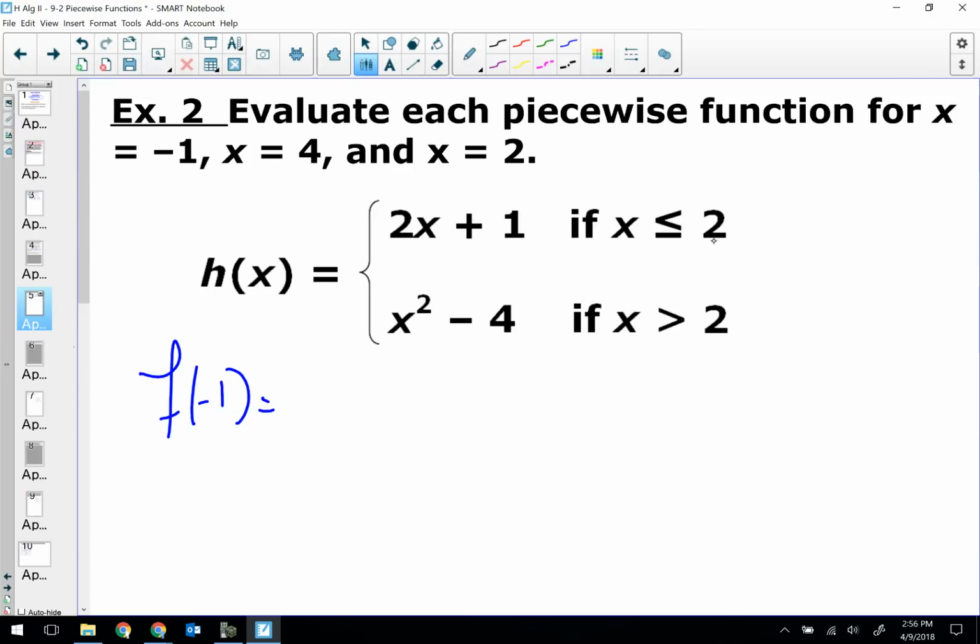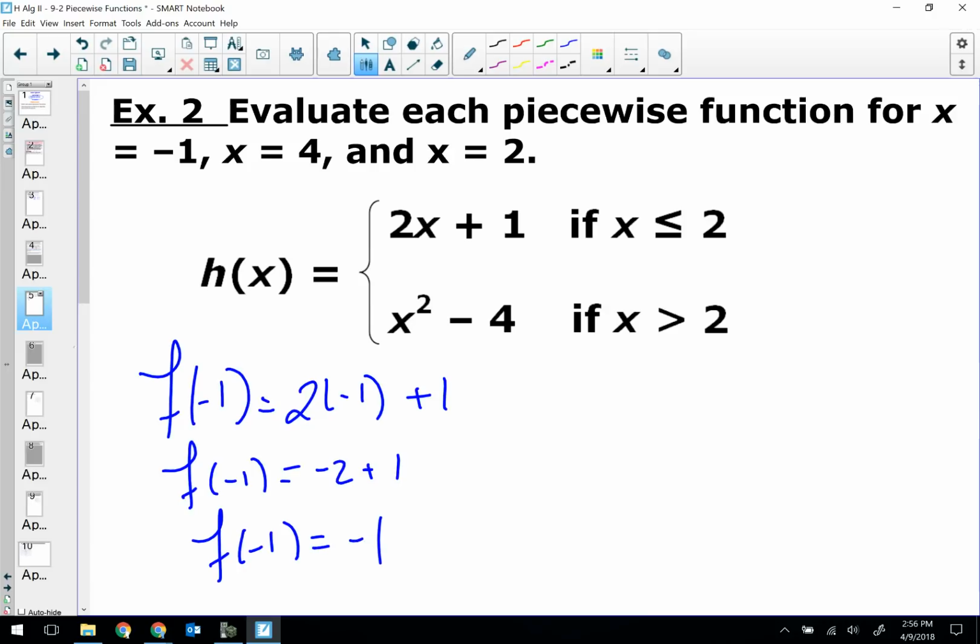Yes, that means I use the 2x plus 1 rule. I find my domain, I use that specific output for that domain. So f of -1 is -2 plus 1, so f of -1 is -1. My output for -1 would be -1.